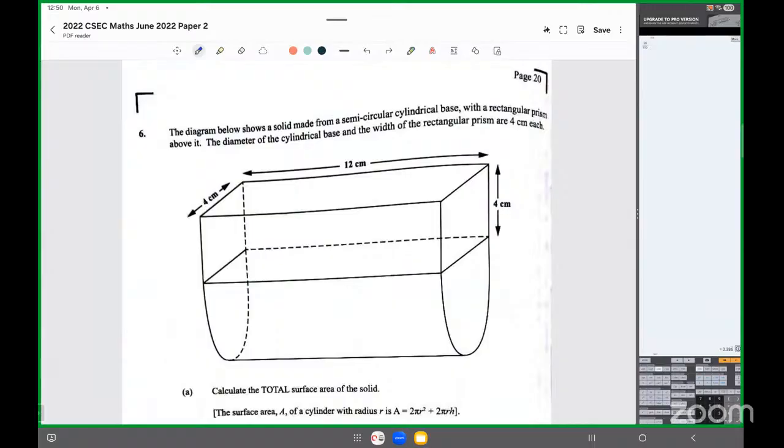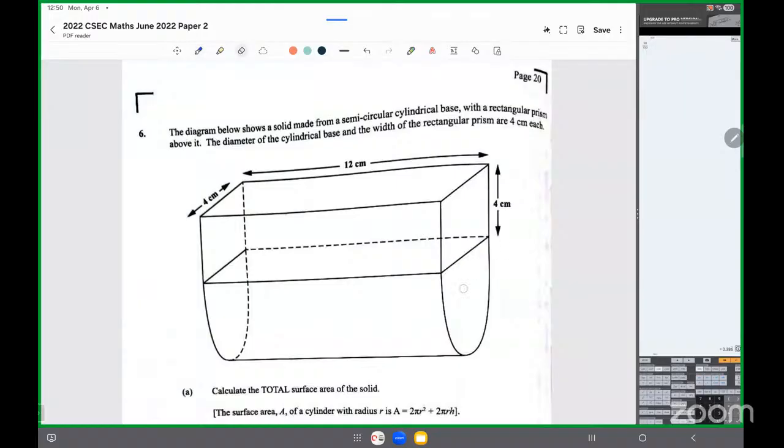It says the diagram below shows a solid with a semicircular cylindrical base, that's down here, with a rectangular prism on top. The diameter of the cylindrical base and the width of the rectangular prism is 4. So this diameter is 4 centimeters.